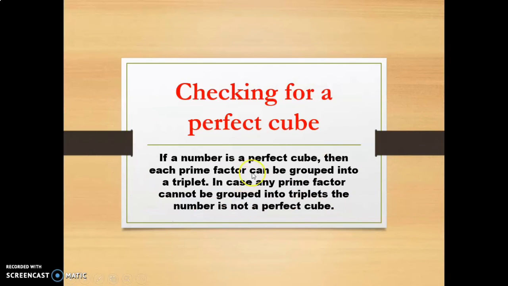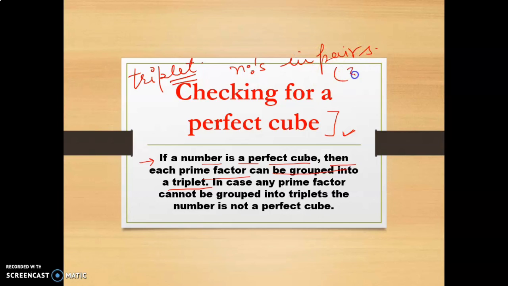Next, checking for a perfect cube. How will you check whether the given number is a perfect cube or not? According to this, if a number is a perfect cube, then each prime factor can be grouped into a triplet. Triplet means a group of 3 numbers.